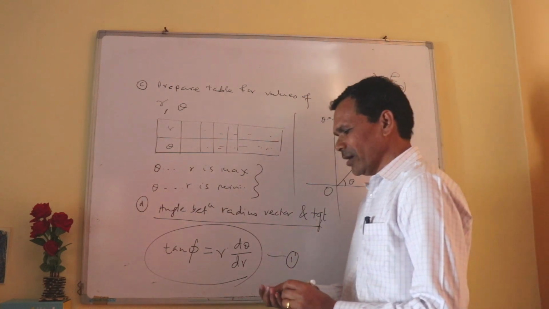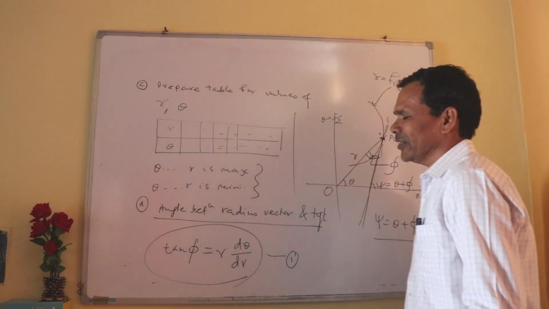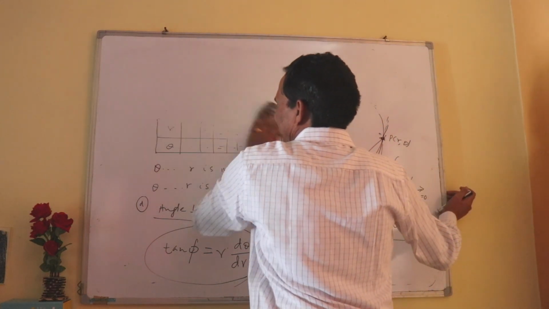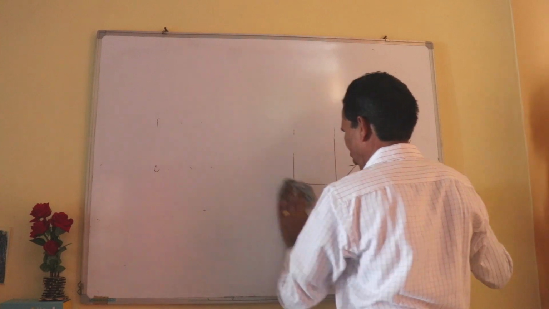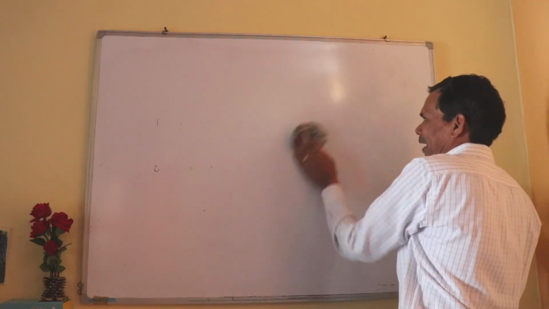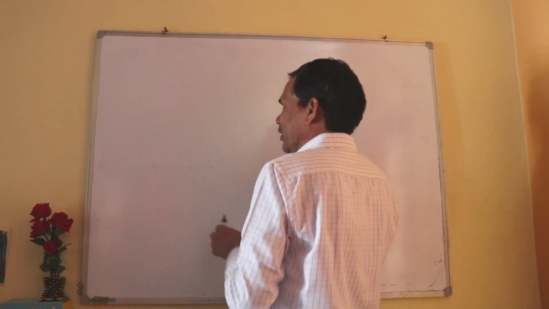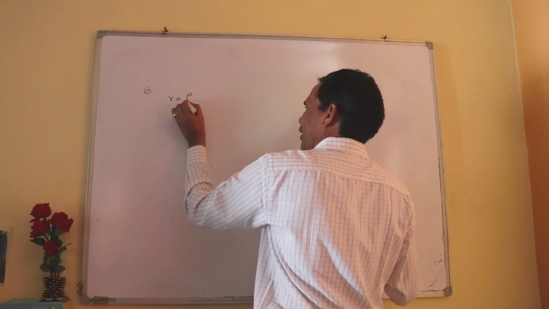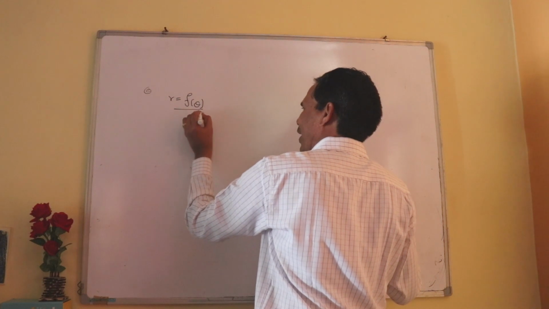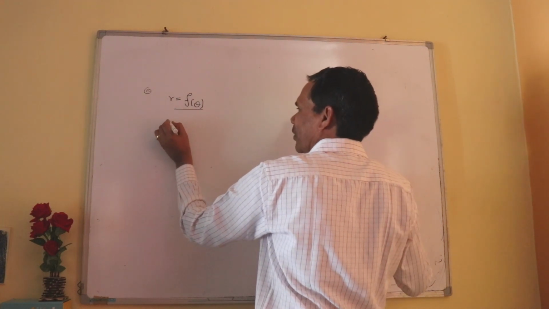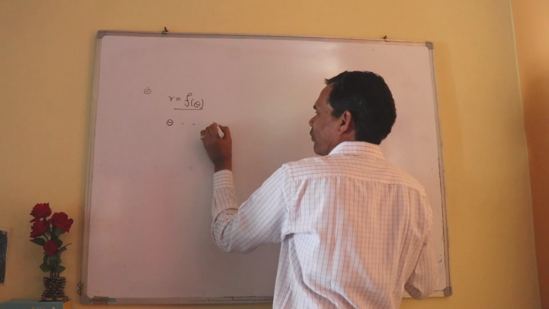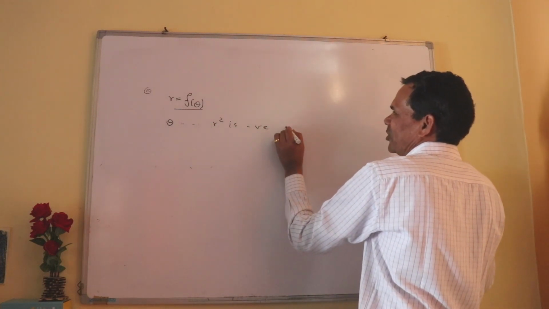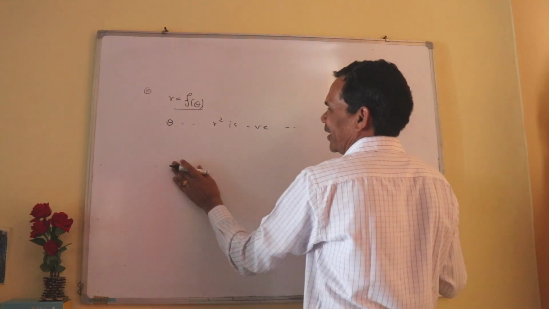Psi is equal to theta plus phi, and it will indicate the direction of the tangent at a particular point for the curve. And finally, the last point, E: region of existence and non-existence for the curve r is equal to f of theta. It's very clear, for some value of theta, if r square is negative, means r is imaginary, no part of the curve exists there.